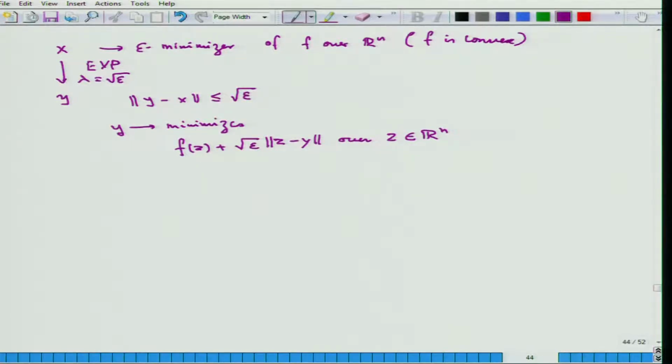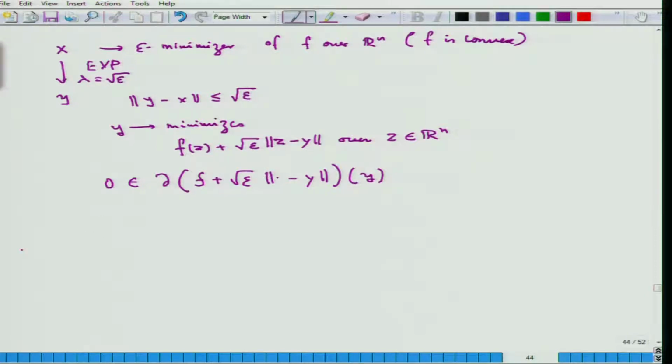Now, if that is the case, I will apply the optimality condition, which would say that 0 is an element of the subdifferential of f plus root epsilon times the norm at y. Here, because we are basically getting the norm value at 0, the subdifferential would be nothing but the unit ball.